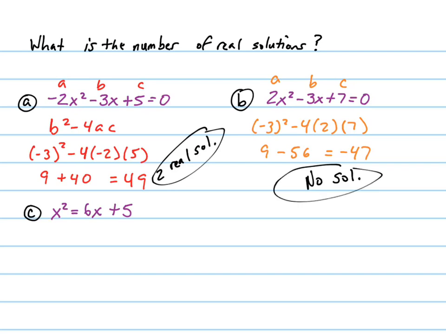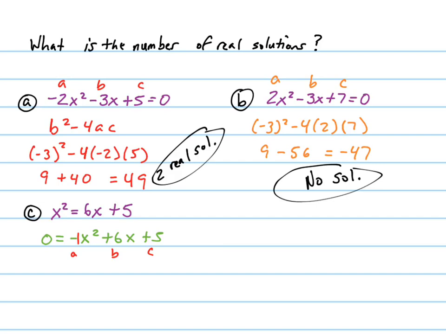And then last but not least, example C down here. Notice that C isn't written in the right form. It's x squared equals 6x plus 5. So we have some options. We're just going to try to get this set equal to 0. So the easiest way to do this would be to move the x squared over. So that would be 0 equals negative x squared plus 6x plus 5. So now we have our values for A, B, and C. So in this case, A is negative 1, B is 6, C is 5.